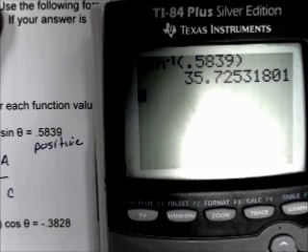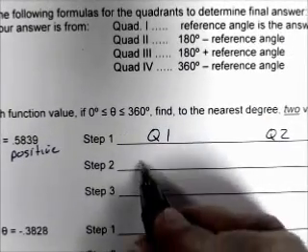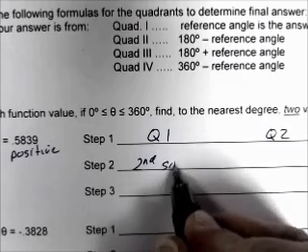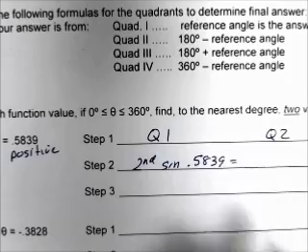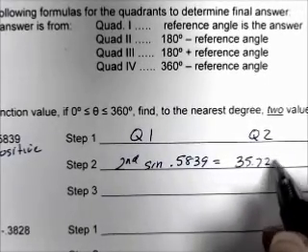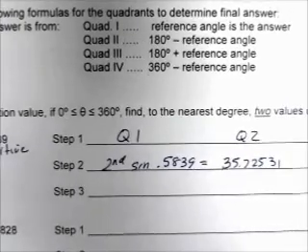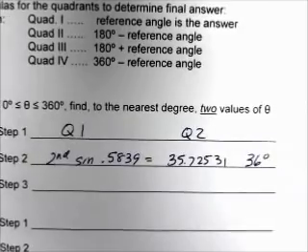So 35.7 will round up to 36 degrees. All right, what did I do there? I did second sine on the calculator of 0.5839, and that was equal to 35.72531, and so on. So this is 36 degrees. This is our reference angle.